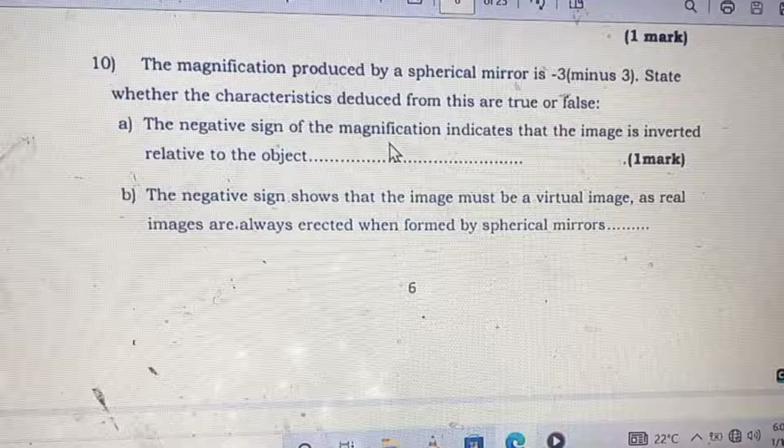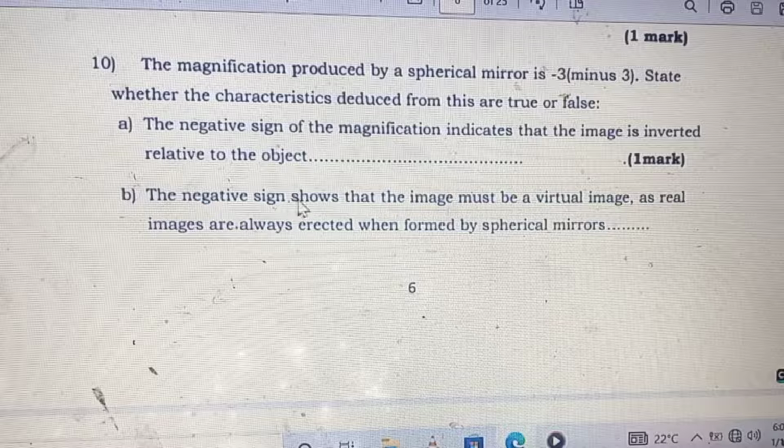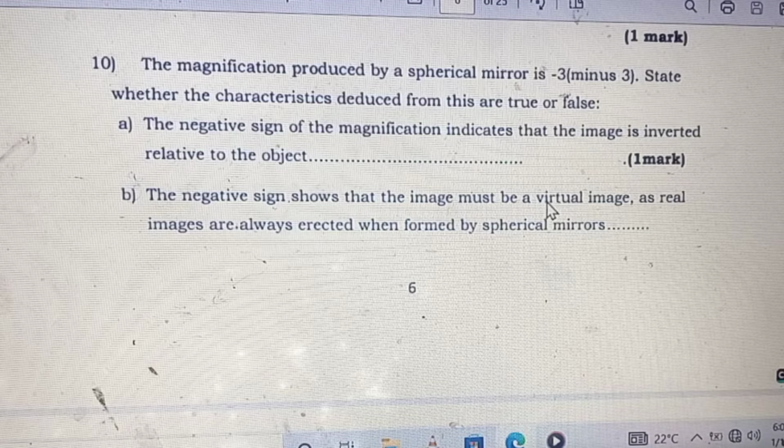The statement is true. B. The negative sign shows that the image must be a virtual image, as real images are always erect when formed by spherical mirrors. The statement is false.